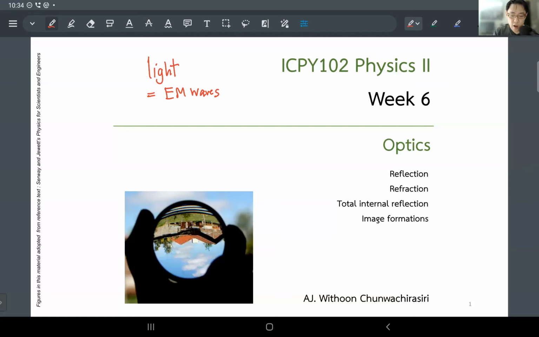So you can still call it a transverse wave anyway, because the direction of the electric and magnetic field is perpendicular to the direction of the traveling wave.